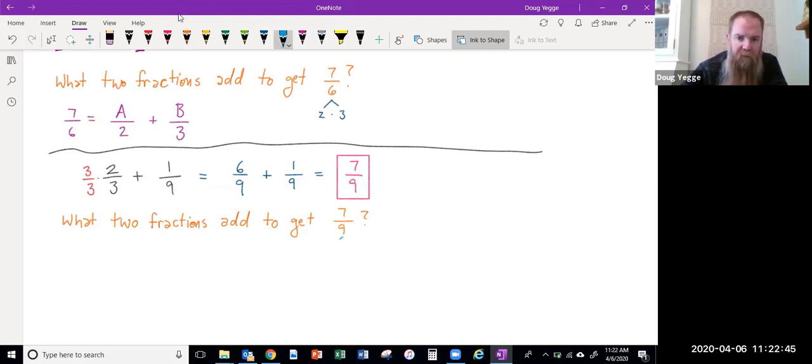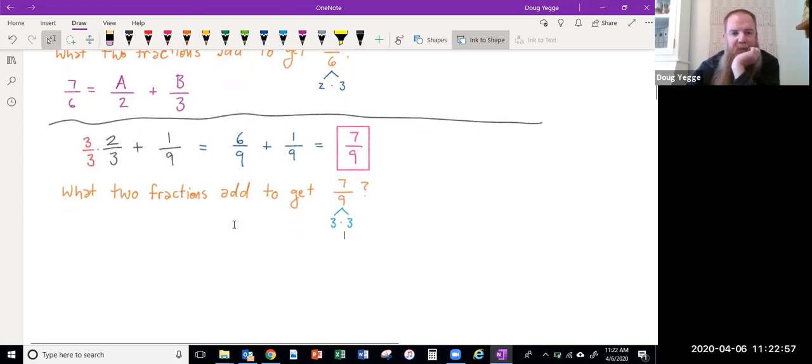We should see at this point that 9 has two repeated factors. So this is a slightly different issue, because if I was to try to find out what two fractions to add together by using the previous method, then wouldn't that mean that I would say, well, 7/9 would equal A over 3 plus B over 3.